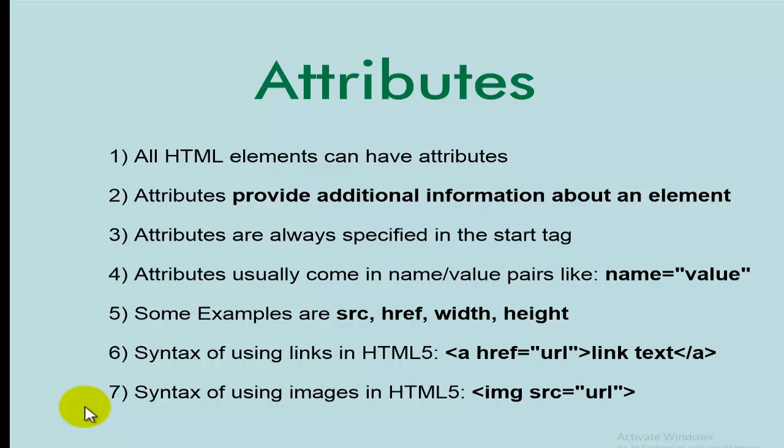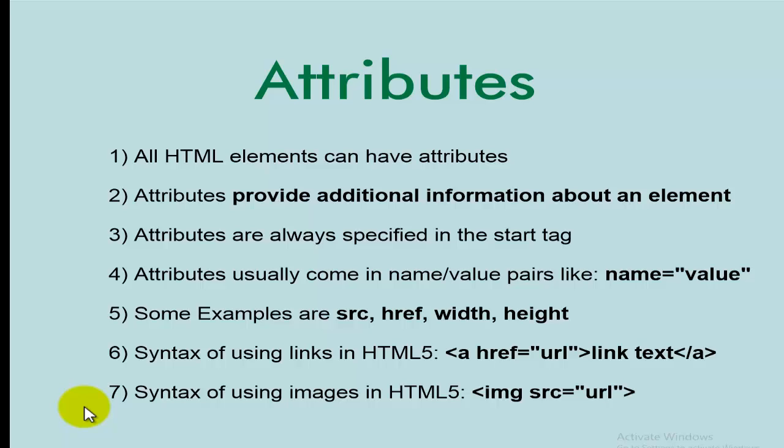Okay, our next thing is attributes. All HTML elements can have attributes. Wait, what are attributes actually? Attributes are the additional information that you provide in the opening tag, or in the starting tag.